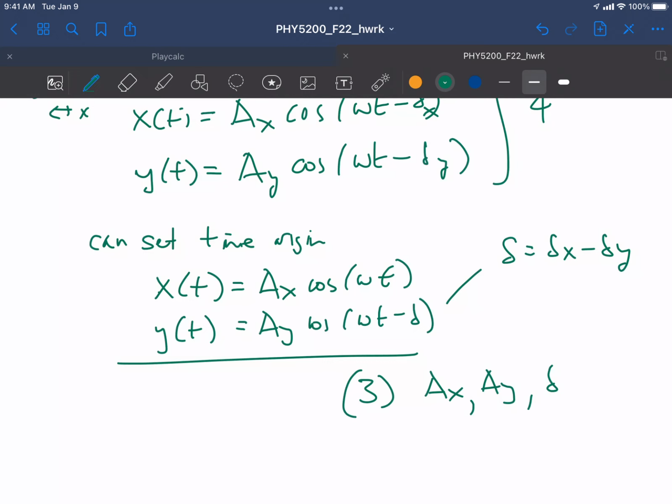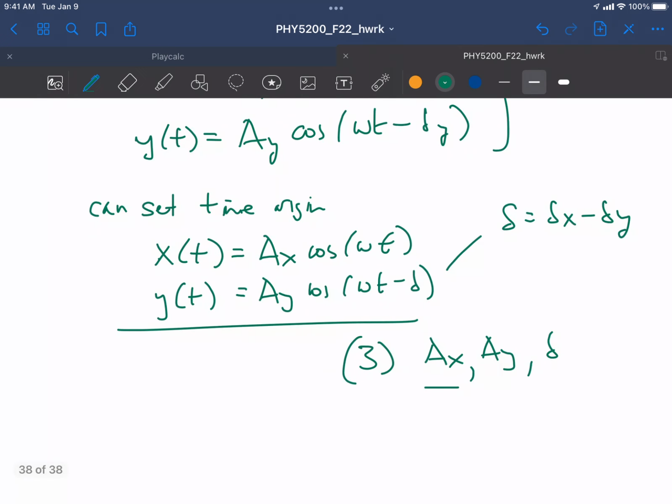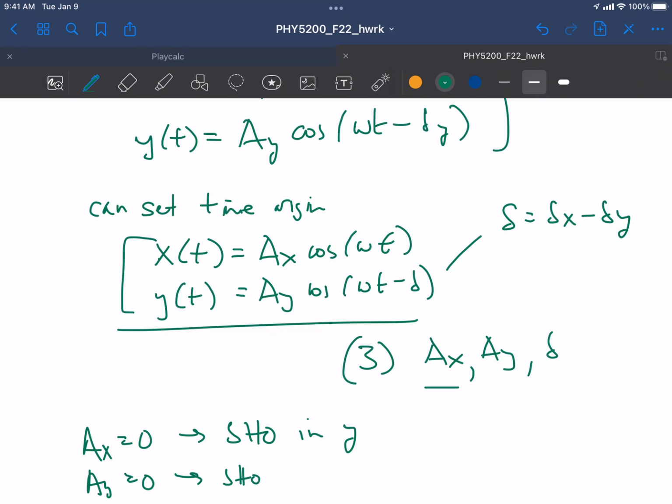So if ax happens to be 0, then obviously these two equations give, if ax is equal to 0, simple harmonic oscillation in the y direction. If ay is equal to 0, then we have simple harmonic oscillation in the x direction.